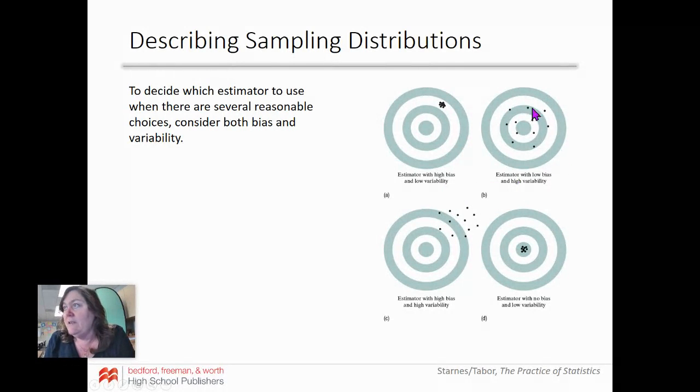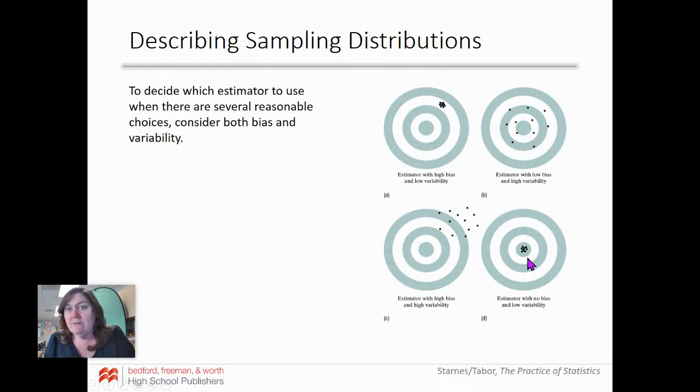The estimator over here has low bias because the center of it is the center of the target. So we're around the center, but we have high variability, so it's spread out around the center. Letter C, we miss the mark altogether, so this is high bias, high variability. Way off.